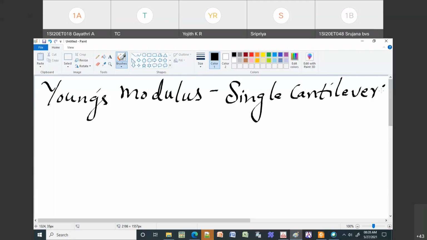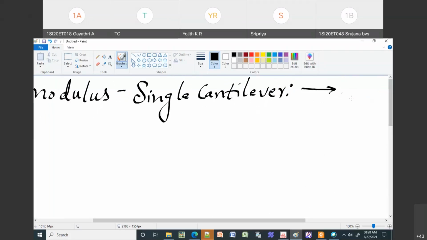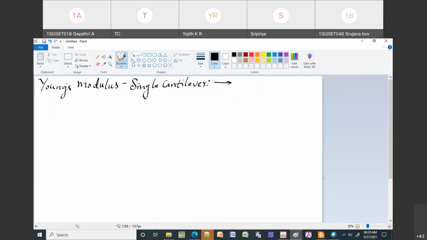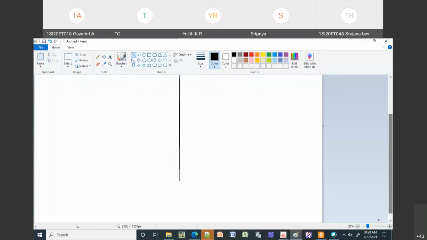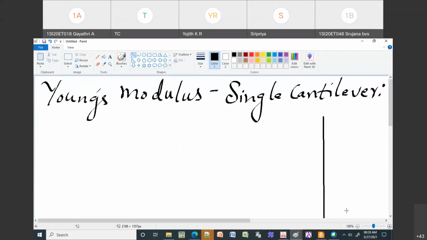It is nothing very different from the previous one, it is almost similar, so you don't have to worry much. If you understood the previous class, then it will be easy for you. It is not very difficult. I'll just make it two equal parts, so that I can do the complete derivation here. So now, what is Young's modulus?